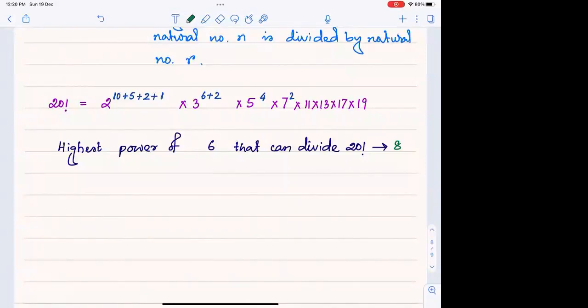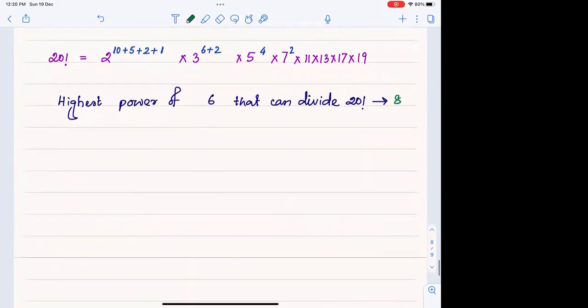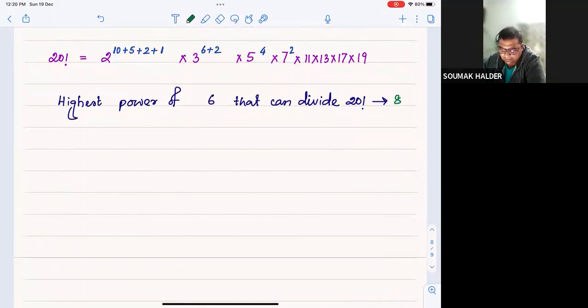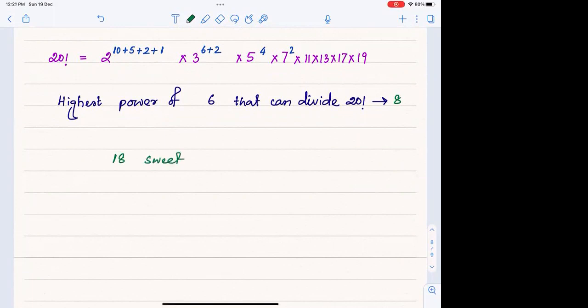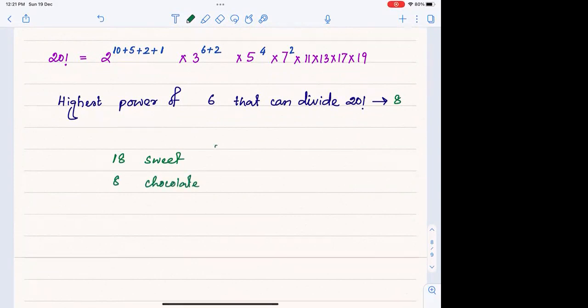Sir, 18. Okay, you just consider an example. Say you do have 18 sweets, and you do have 8 chocolates.